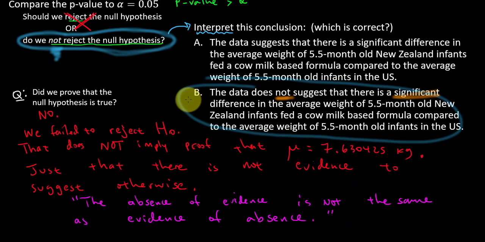Here in this case, with the weights of the babies in New Zealand compared to the US, on average, we're not saying that they're the same. We just don't have enough data to definitively or confidently say that their average weights are different. All right, this is going to conclude this video.